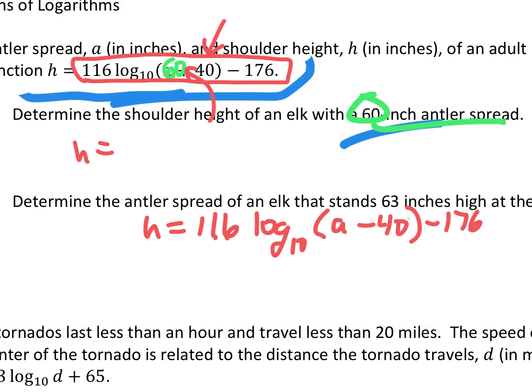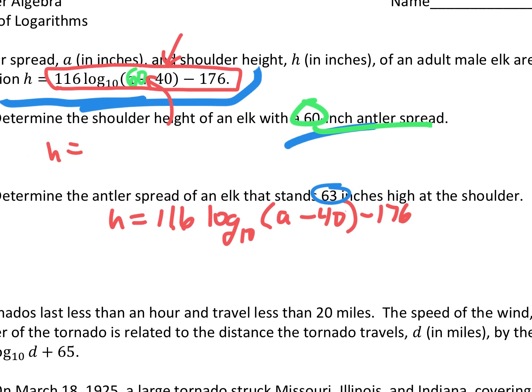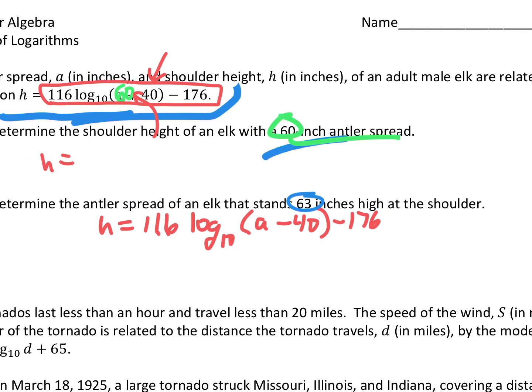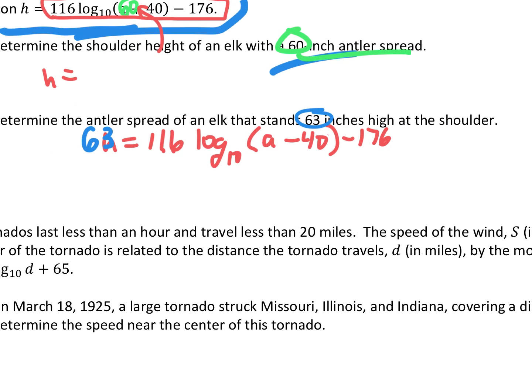Okay, now I got to put my 63 in the right spot. 63 inches high at the shoulder. Oh, that's the H. So the 63 goes here. And I'm going to solve this.